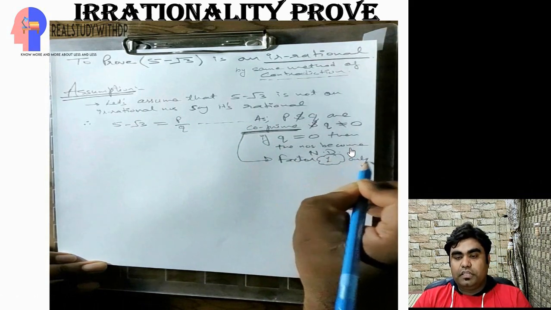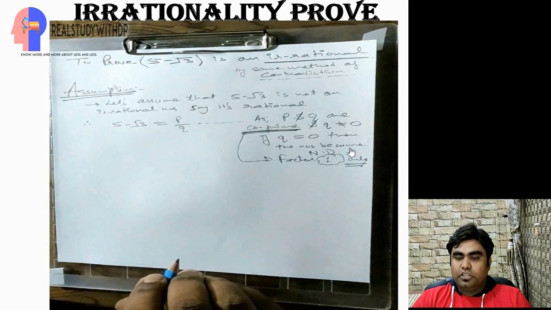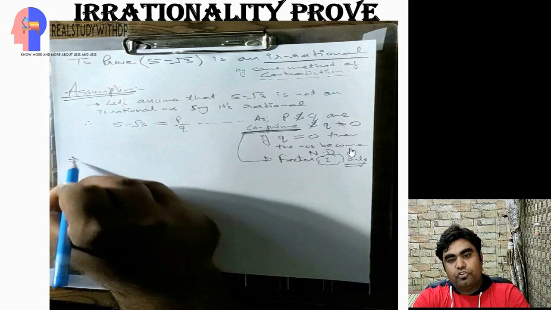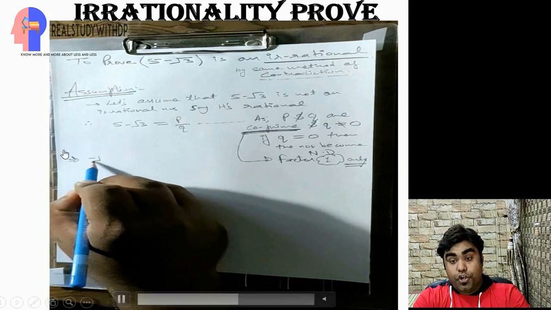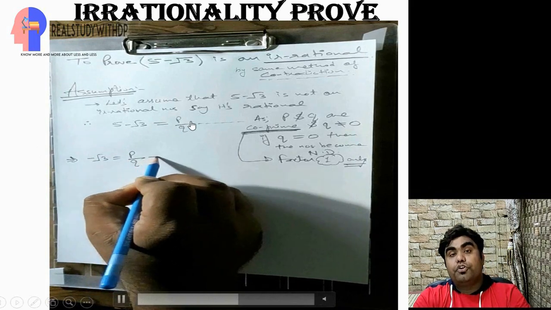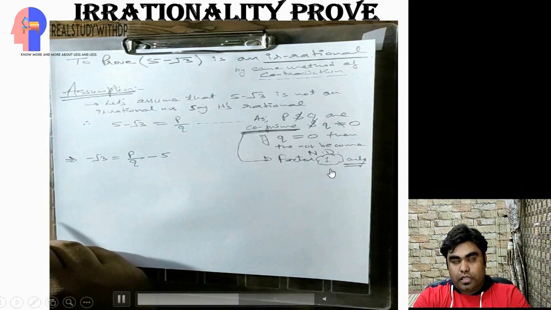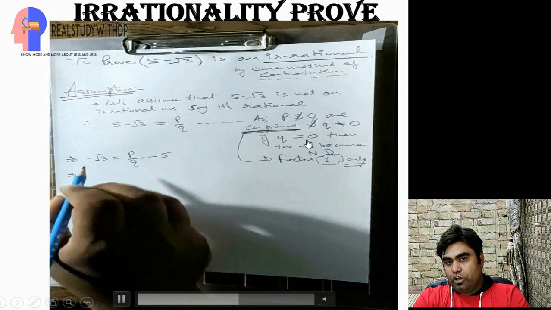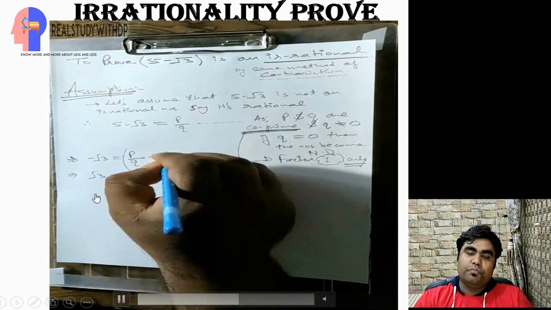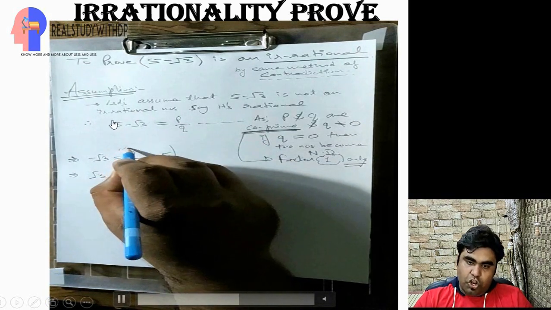And another statement we are going to mention over here, that q cannot be equal to 0. If it is going to be 0, then the number is going to be an undefined number.